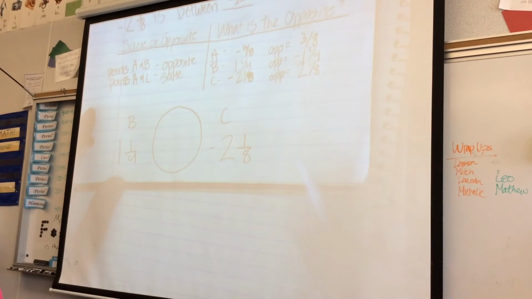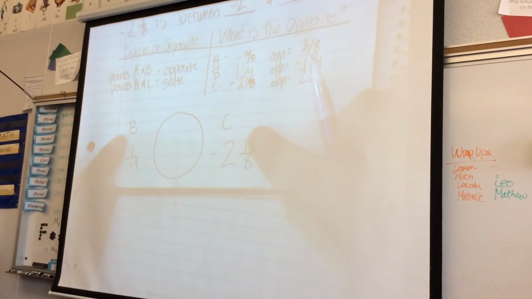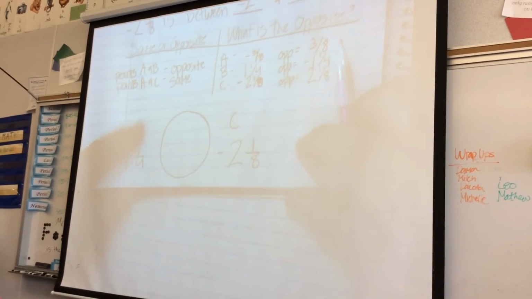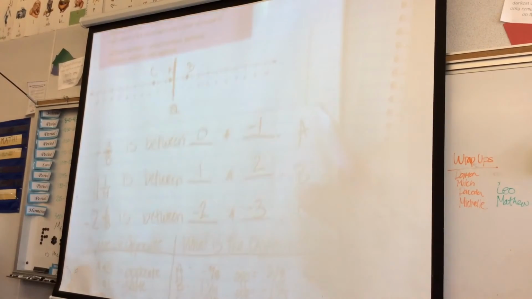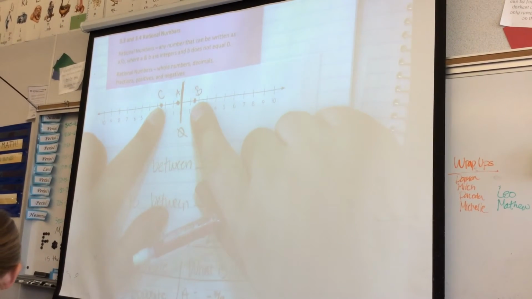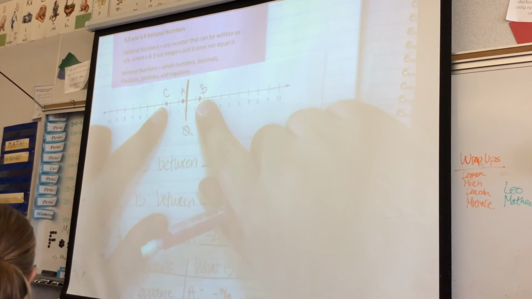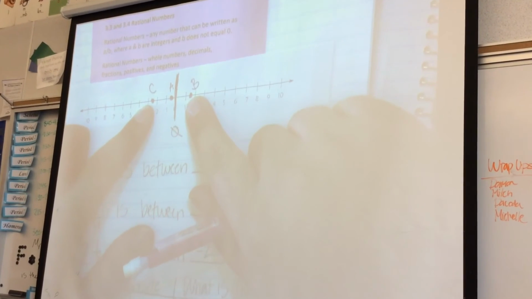Okay? So what we're going to do is find point B and point C. And point B comes first in this situation, so I'm going to compare them. Point B and point C. Which one is bigger? Tell your neighbor which one is bigger and how you know that it's bigger.